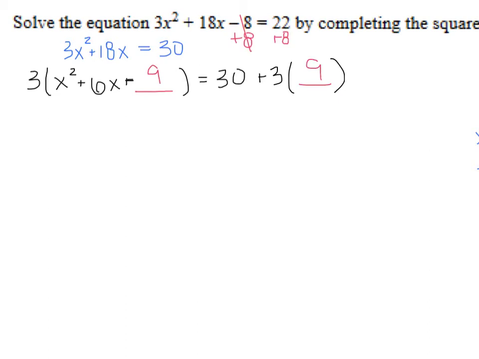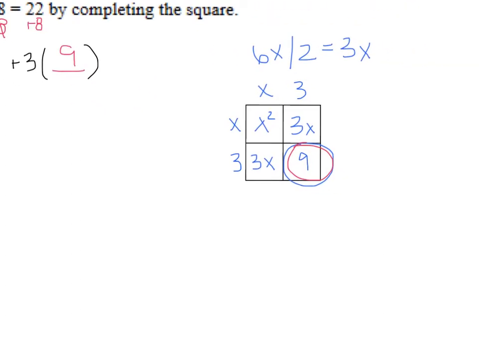We add 9 here. That allows us to take our x squared plus 6x plus 9 and rewrite it as a binomial squared. In our box, we have x and 3 and x and 3, which is x plus 3 and x plus 3, or x plus 3 squared.